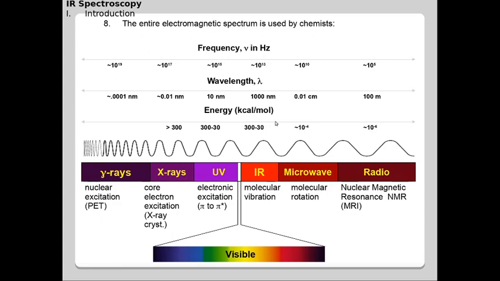This is the region where we are mostly interested, and in this region the radiation has enough energy to induce vibrational transitions in organic molecules. So we are going to see how that happens.